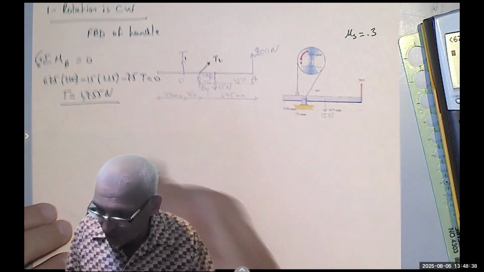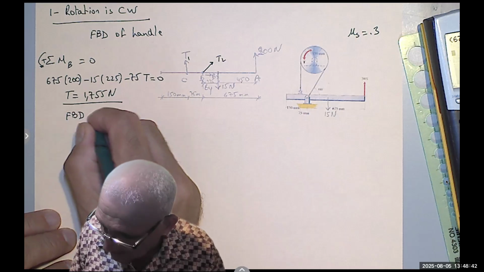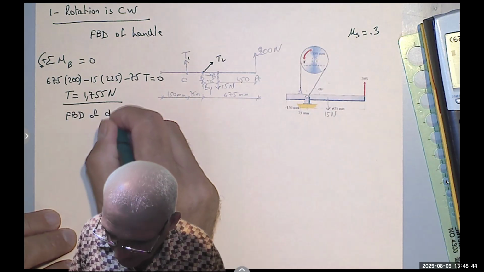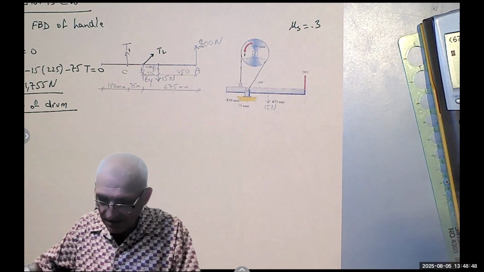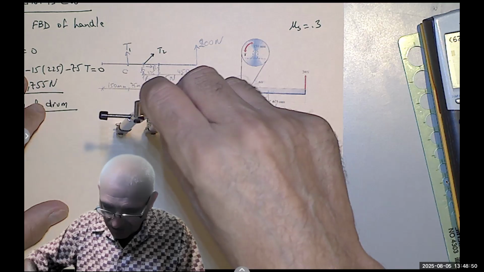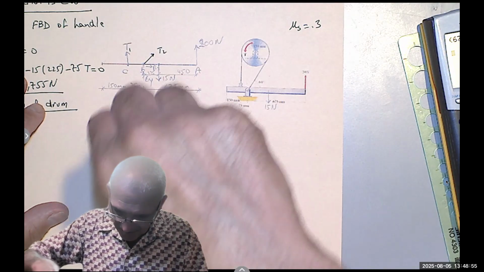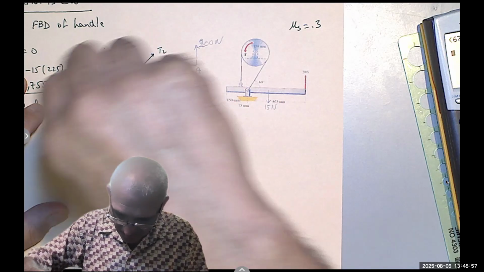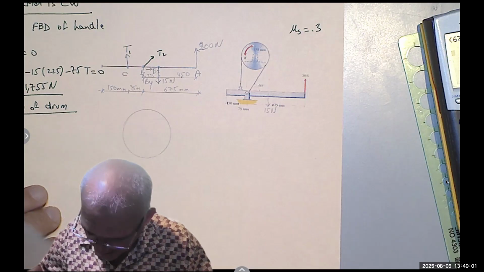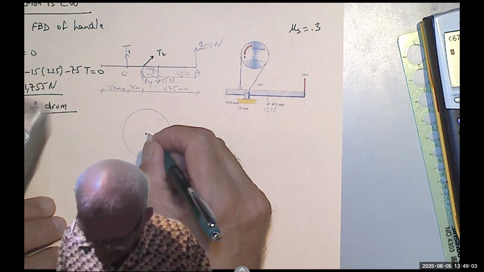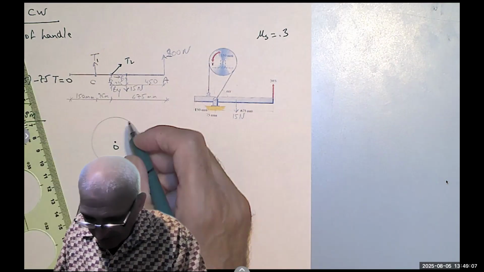So now I'm going to draw the free body diagram of this drum. So basically, you draw a circle. I hope this will draw. Okay, not bad. Say this is the origin O, and I have a vertical piece.